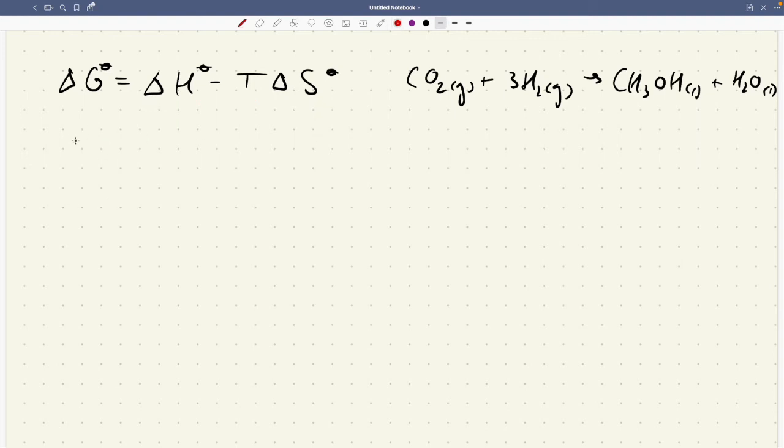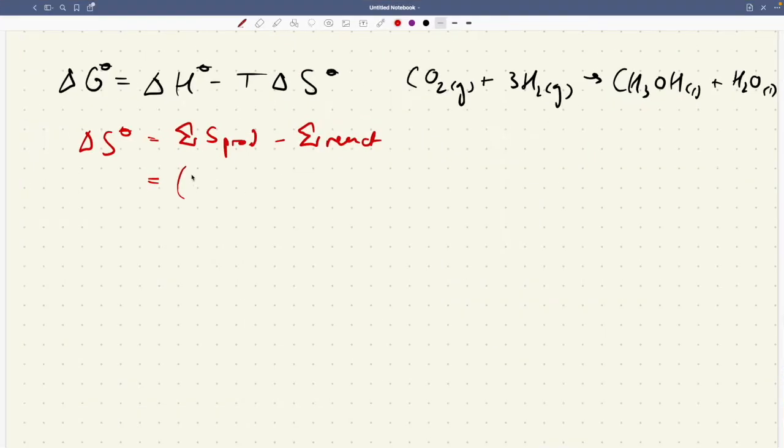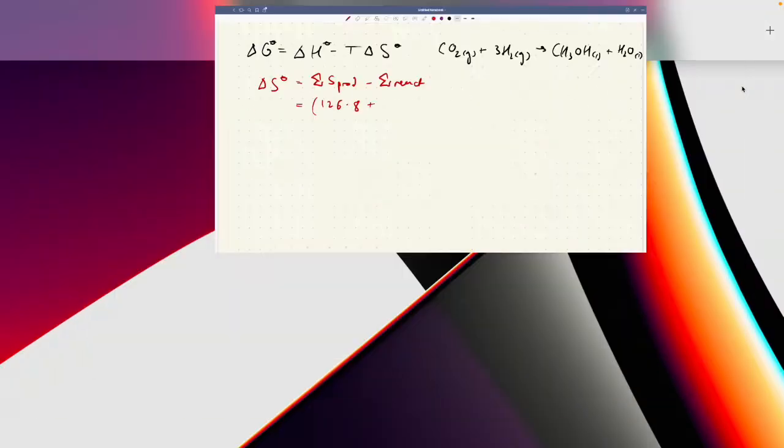Let's get ourselves a delta S here. So it's going to be the sum of the products minus the sum of the reactants. We have our products here. So we have a value for methanol, 126.8, plus our entropy of water.